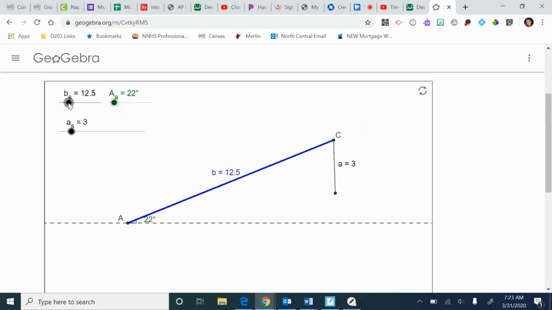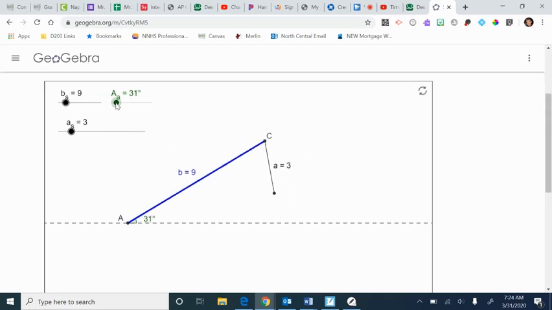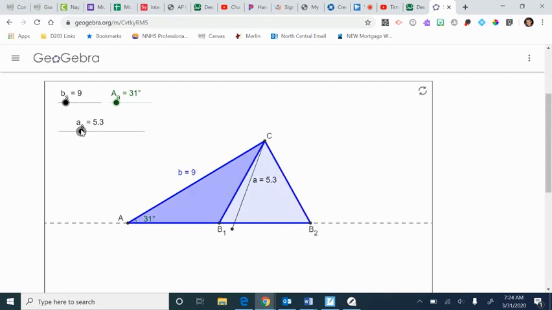Okay, so now let's see what happens if we make this side length long enough. I'm going to adjust this a bit. If A is long enough, it actually can intersect in 2 different spots.